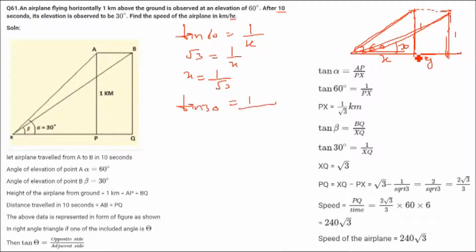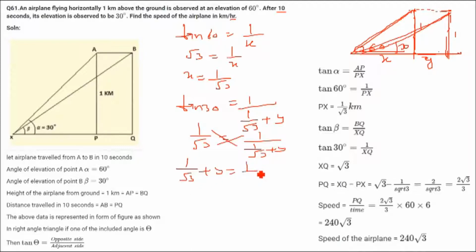Again, this will remain as 1. And this will be x plus y. So I am just writing x plus y. So x is 1 by root 3 and y is y. Now tan 30 is what? Tan 30 is 1 by root 3. This is going to be 1 by root 3 plus y. I am taking this one, cross multiplying.